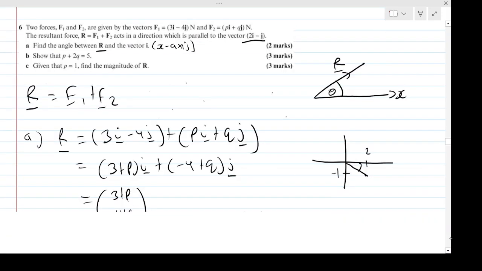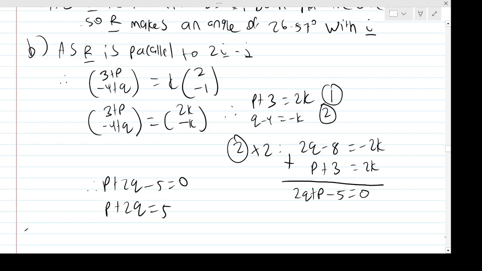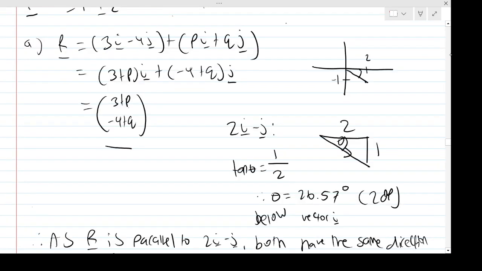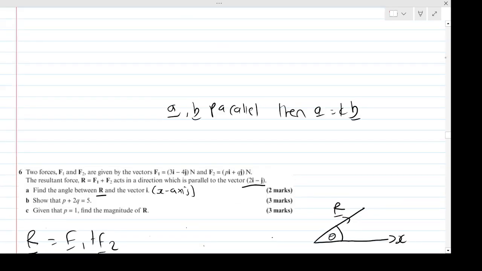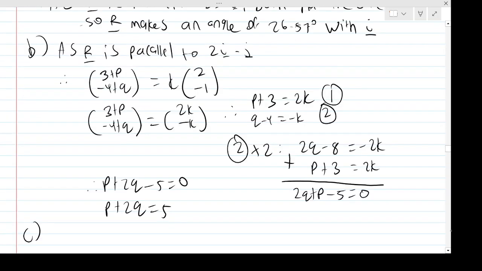Cool. Then we go on to part C, and we're told now that P is 1. And then it says to find the magnitude of R. Right, so that shouldn't be that difficult. So P is 1, firstly.